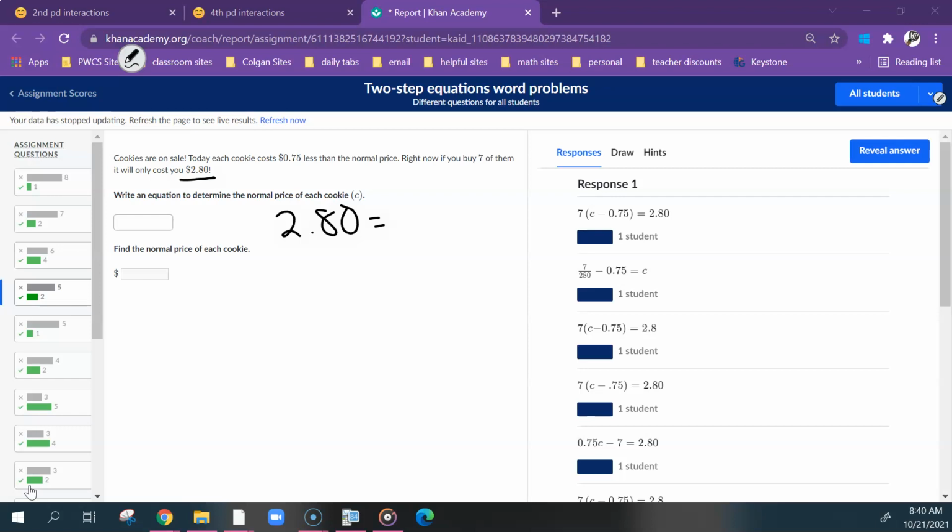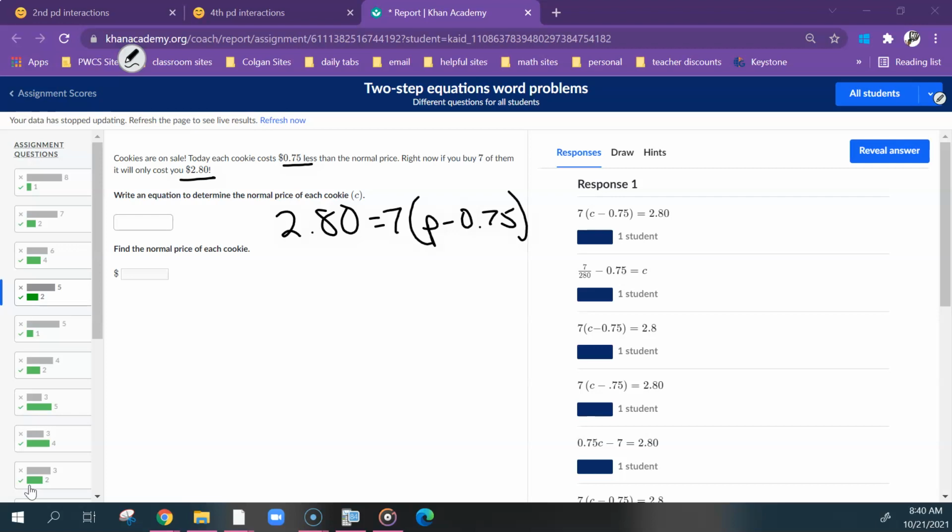We don't know what that price is, but we know it's going to be 75 cents less than. So we can take whatever the normal price is and subtract 75 cents. We also know that we're going to buy 7 of them to get that 280. So since we're buying 7 of them, this entire thing is going to be multiplied by 7.